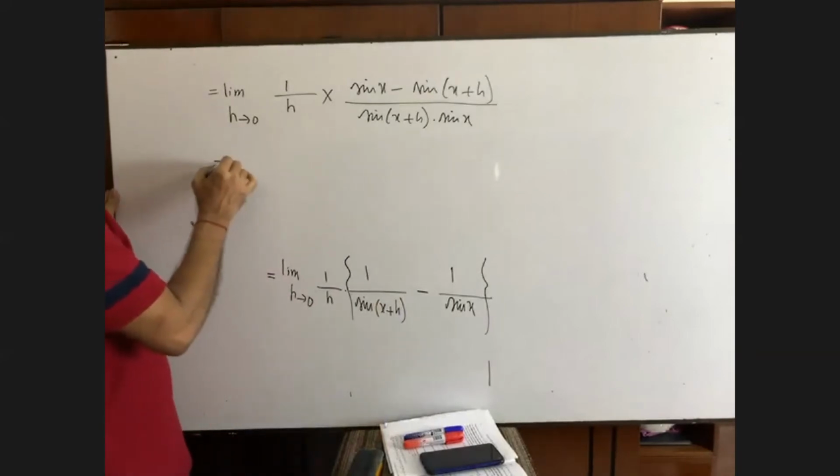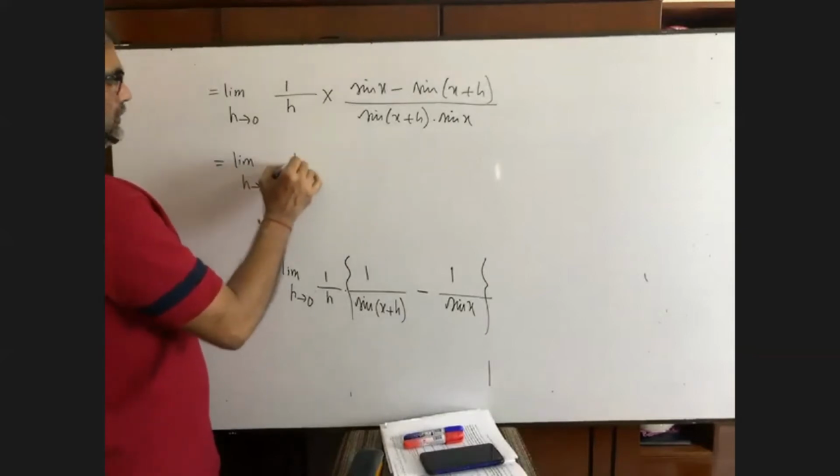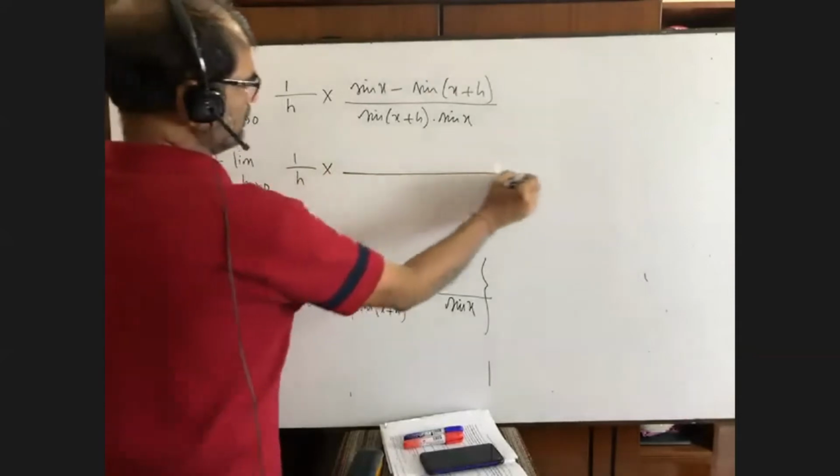Which can be written again as the limit as h tends to 0 of 1 by h into, what is the formula?